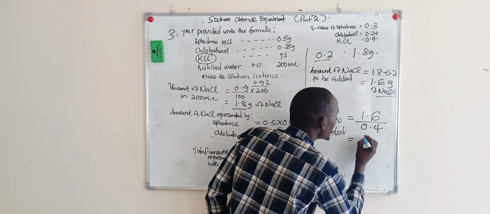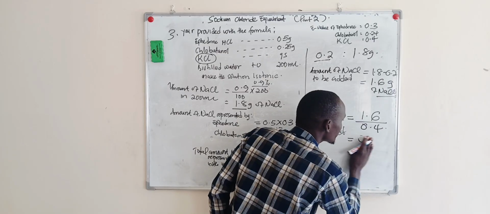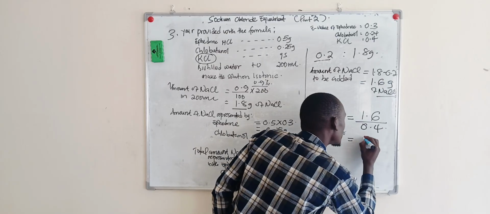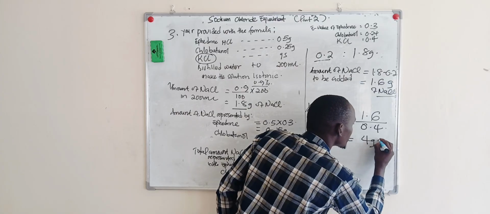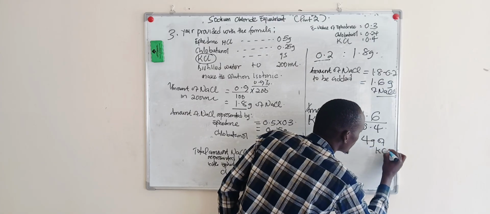And when we compute this, we shall get approximately 4 grams of potassium chloride.